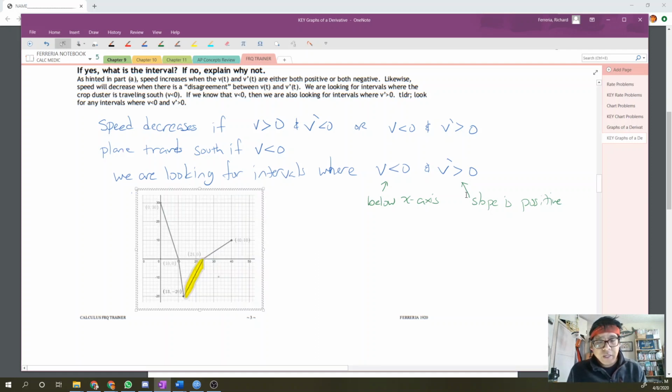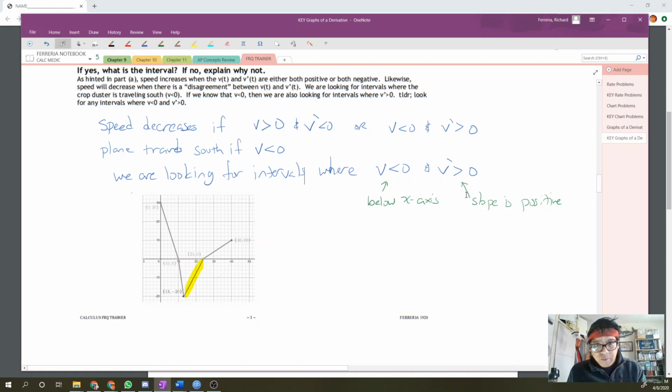I don't know. Let's take a look at the graph. Oh, right over there. In that yellow highlighted section, it's below the axis, first of all, and second of all, it has positive slope. So in that yellow highlighted section, that is a place where the velocity is negative, yet the slope of the velocity is positive.